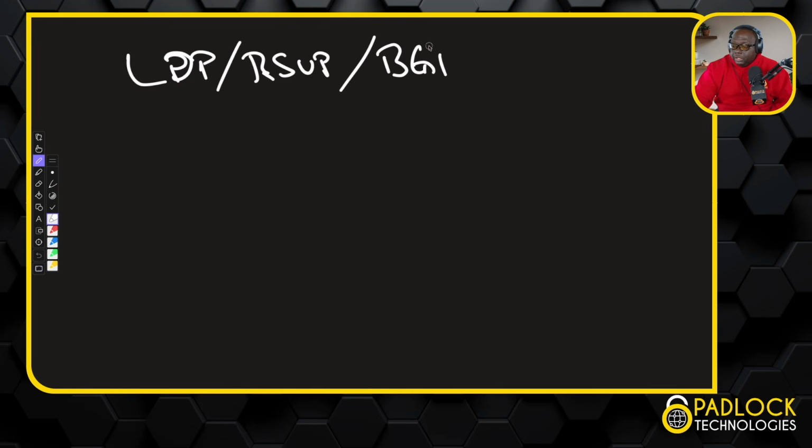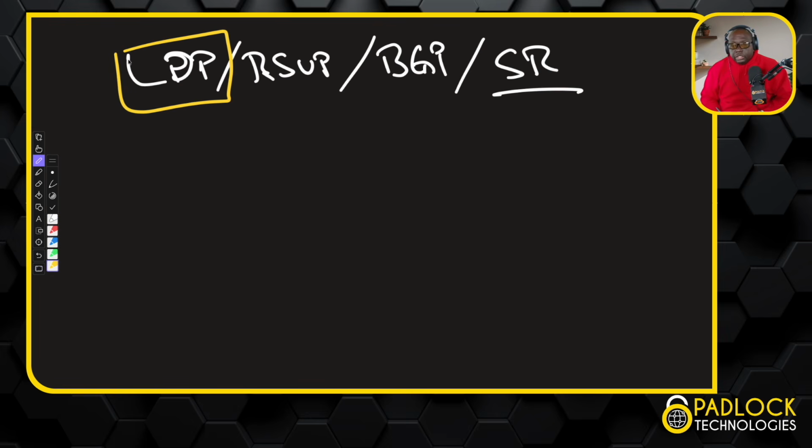That's a G, right? BGP. And then you're going to know segment routing. And I'll just use SR for short. Right? The main one you're going to learn is LDP, because it's an additional protocol, label distribution protocol. You need to have that running in your network so you can exchange labels and stuff like that. RSVP is when you're going to use something like traffic engineering, right? And I'll explain that a little bit later.